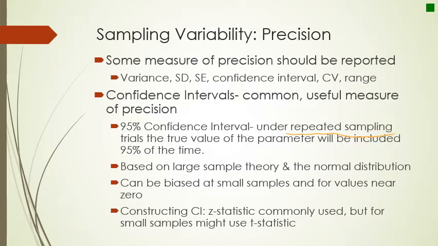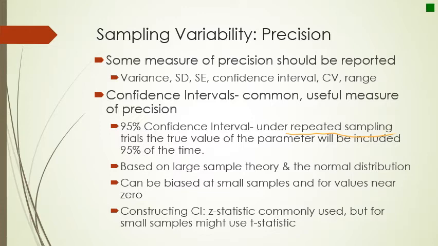The confidence intervals that we calculate are based on large sample theory and the normal distribution. We know that as you take the mean of a sample, the distribution of that mean tends to converge on the normal distribution, and we can use that property from the central limit theorem to then make our confidence intervals.